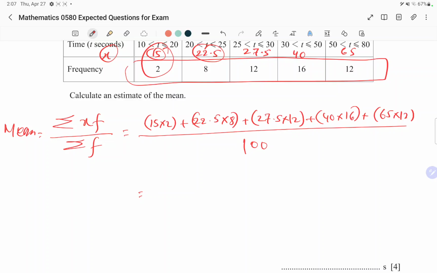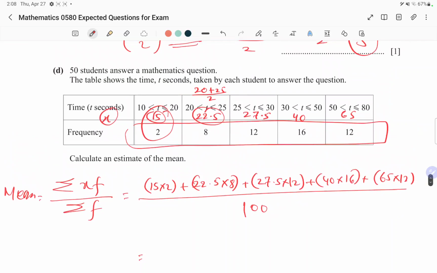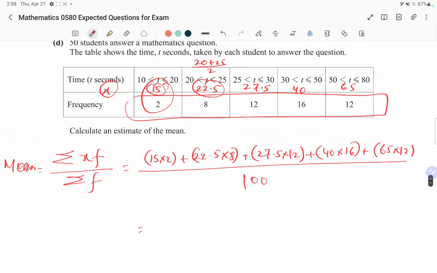Now just use the calculator. 15 times 2, that's 30, then 22.5 times 8, then 27.5 times 12, then 40 times 16, then 65 times 12, over 100. So that is 19.6, I got.